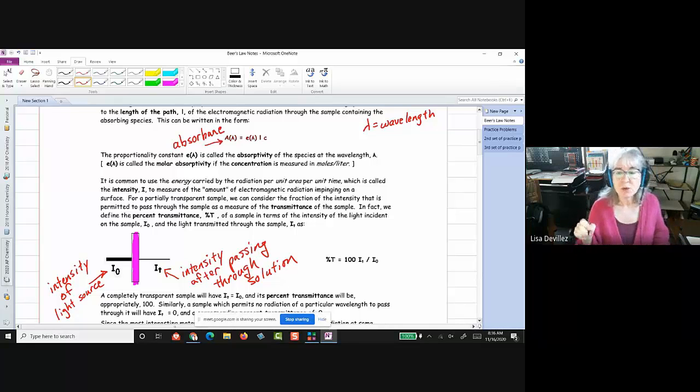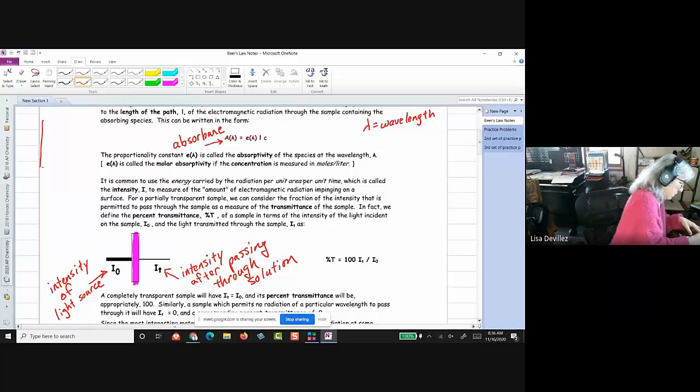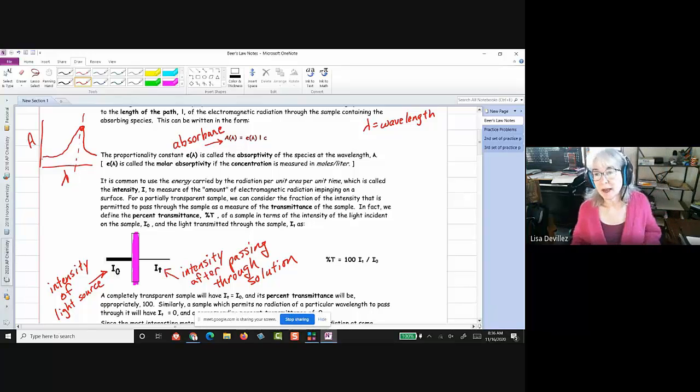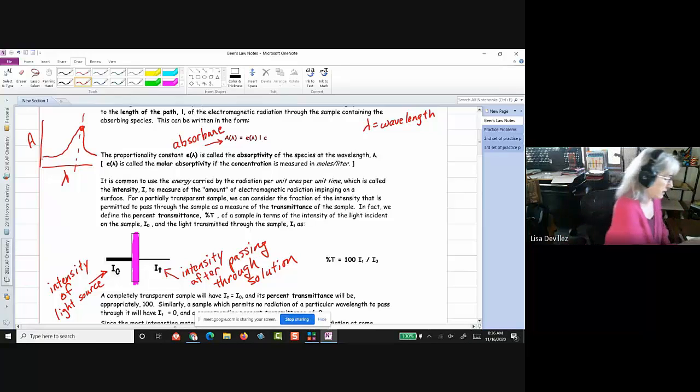One of the first things you do with the solution is run a scan through all the different wavelengths of light, and it'll spit out a graph of absorbance versus wavelength. It'll look kind of like this. Whatever wavelength has the maximum absorbance, that's the one you would choose to use for your data, okay? That's what that A at a particular wavelength means.